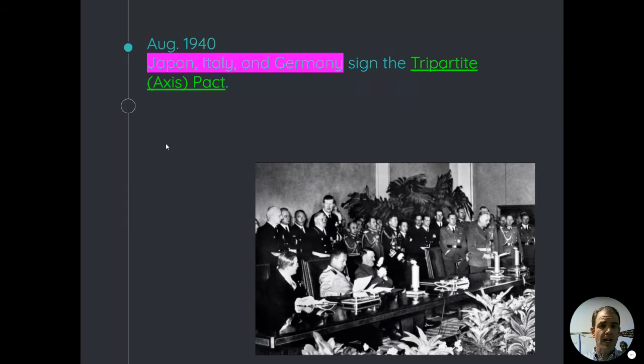In August of 1940, Japan, Italy, and Germany signed the tripartite or the Axis Pact. So what Germany was doing in Europe, Japan was interested in the Pacific. And what I mean by that is not the Holocaust. They were not looking at genocide, but they were looking at taking over and forming an empire. So Japan wanted to take over the Pacific.